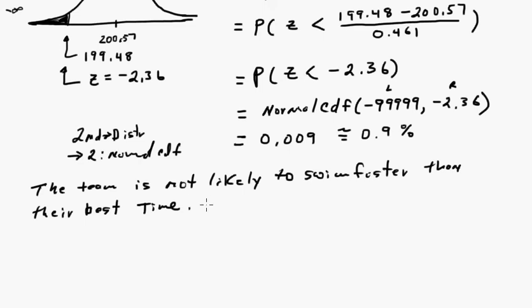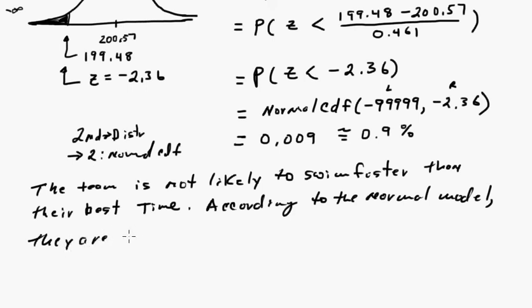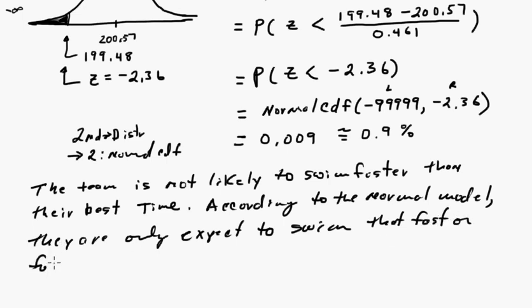According to the normal model, they are only expected to swim that fast or faster 0.9% of the time. So that's not very often.